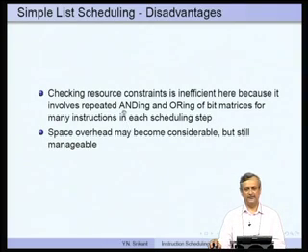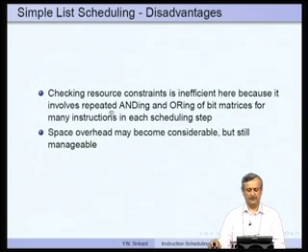What are the problems with this simple list scheduling, either the cycle by cycle method or the operation scheduling method? The checking of resource constraints is a bit inefficient. Why?